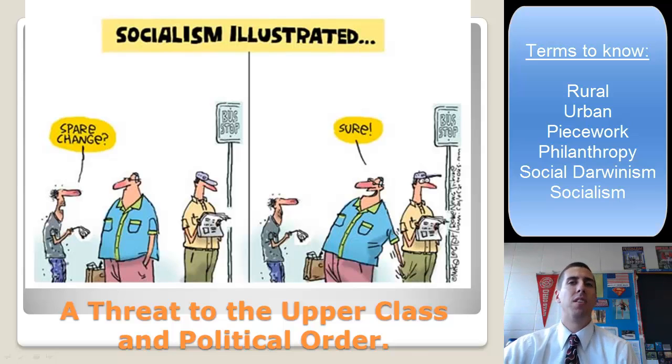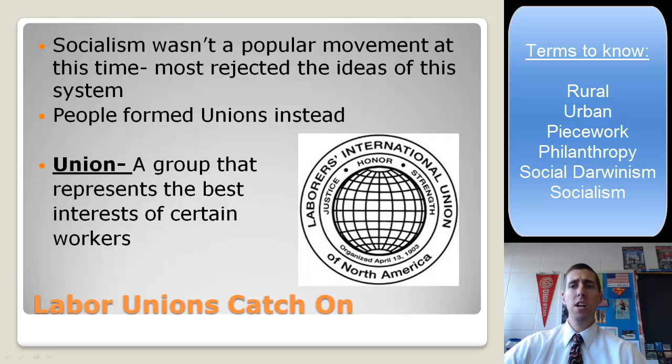So if the people in power aren't really in favor of it, it's going to be a big struggle trying to get it adopted nationwide. So socialism wasn't really a popular movement. Most rejected this idea. Instead, people thought that they could improve their lot in life by forming unions.